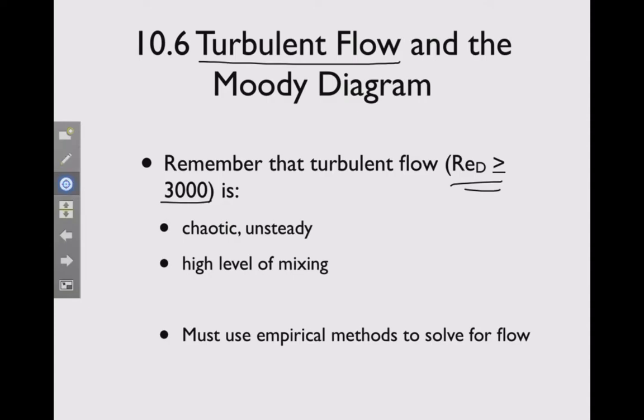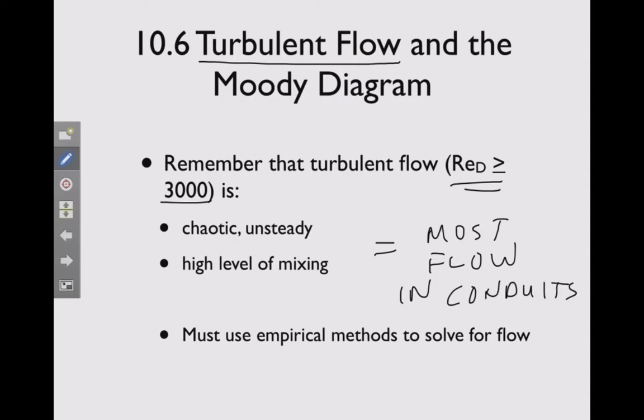Turbulent flow is chaotic and unsteady, and there's a high level of mixing in the flow. This is important because turbulent flow really equals most flow in conduits. So this is something we really need to be able to deal with as we move forward.